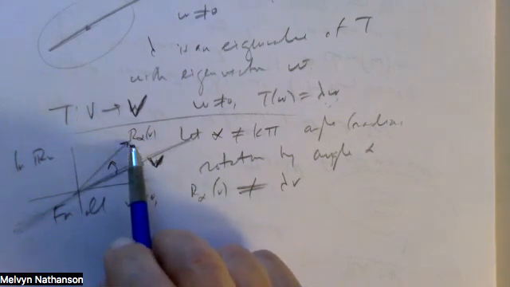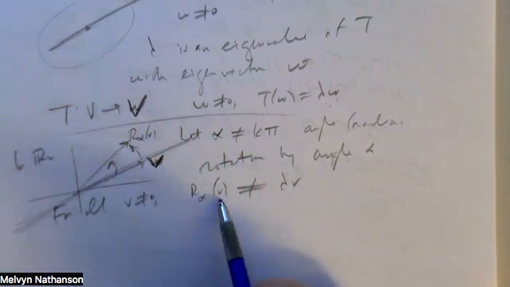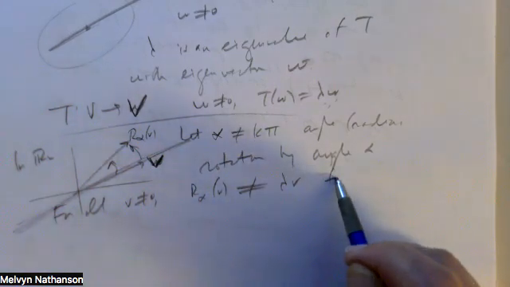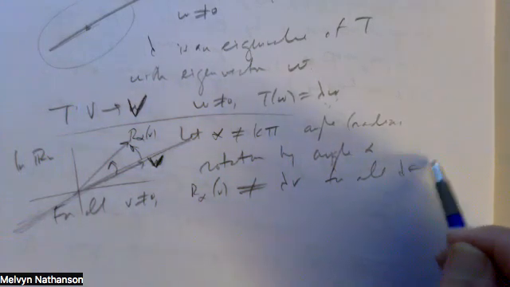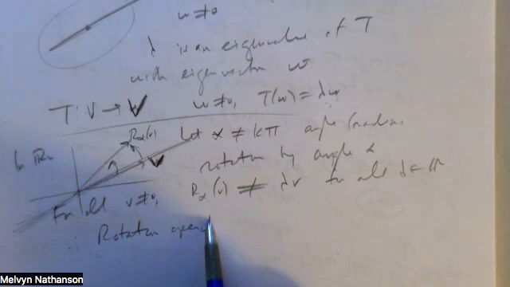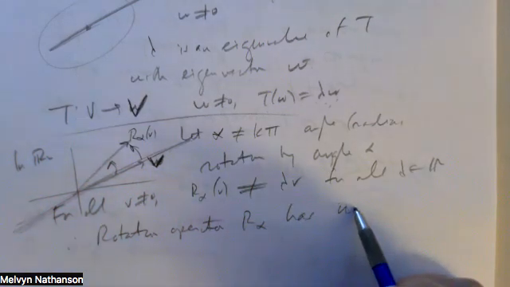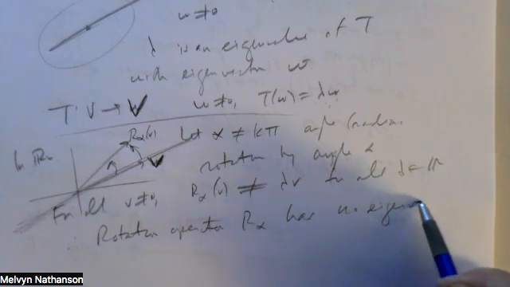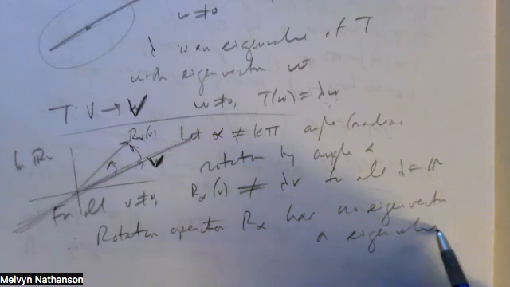You rotate v by an angle alpha, you're off the line. So R alpha v is not equal to lambda v for all lambda. So therefore, the rotation operator R alpha has no eigenvector or eigenvalue.